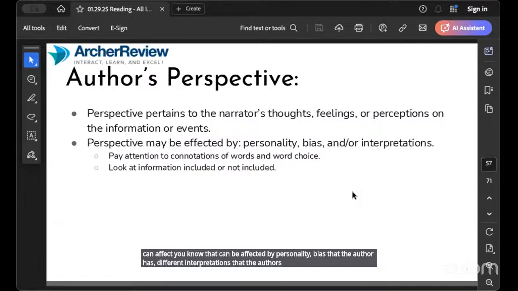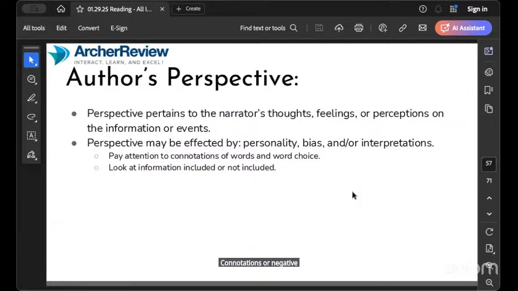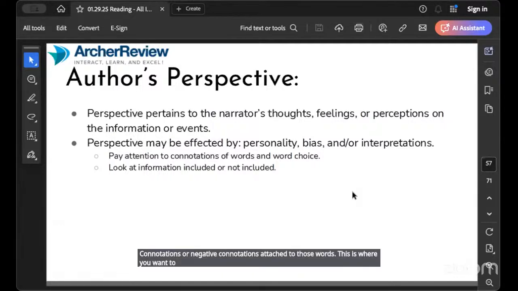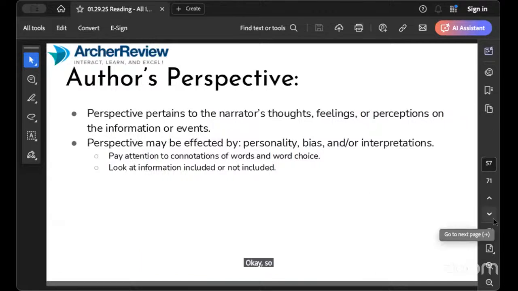This is where you really have to pay attention to word choice and determine if there are any positive or negative connotations attached to those words. This is where you want to look at the information that's being given, but you also have to think about what is not being given. Okay? So you have to think, okay, well, this is what I got, but what am I missing?